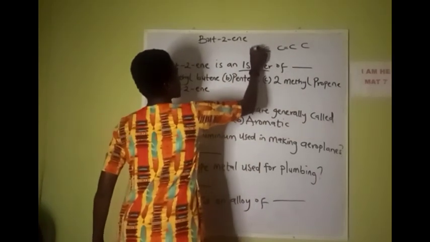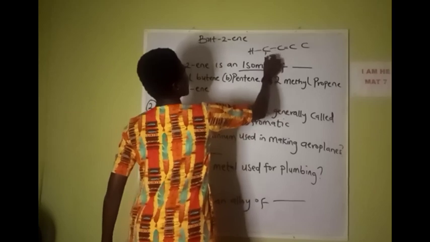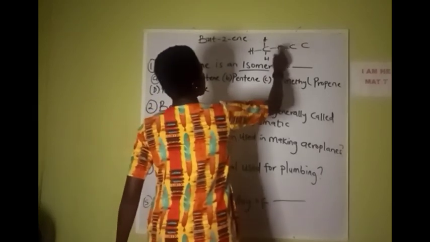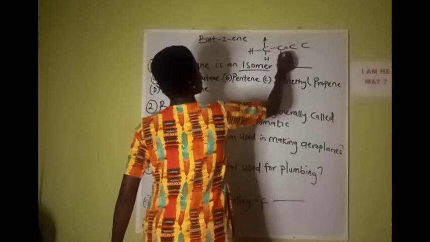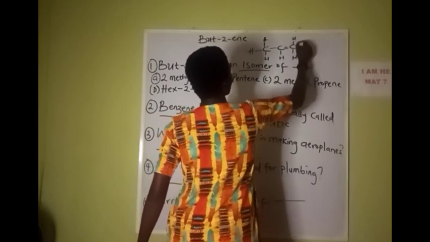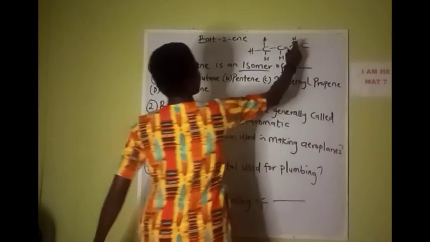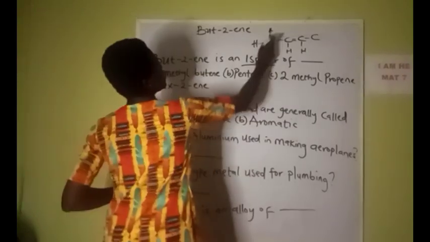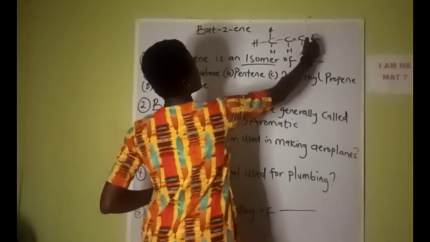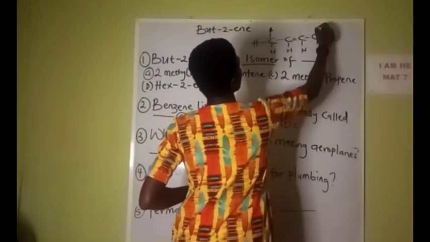So we have hydrogen atoms on each carbon: 3 for the first carbon, 1 for the second, 1 for the third, and 3 for the fourth.